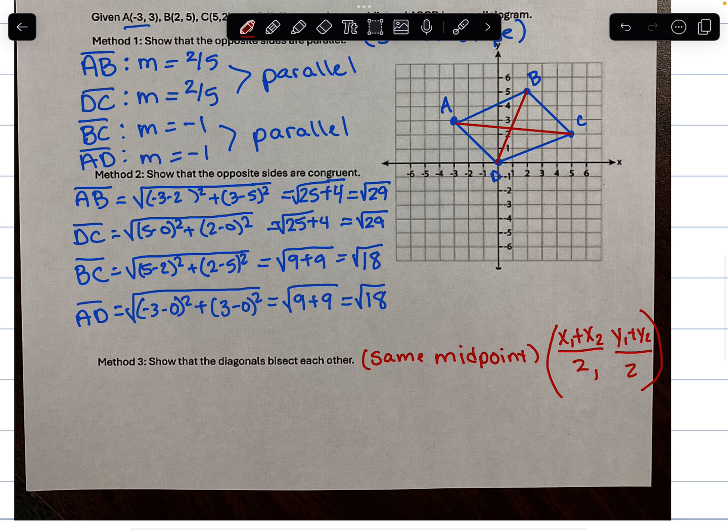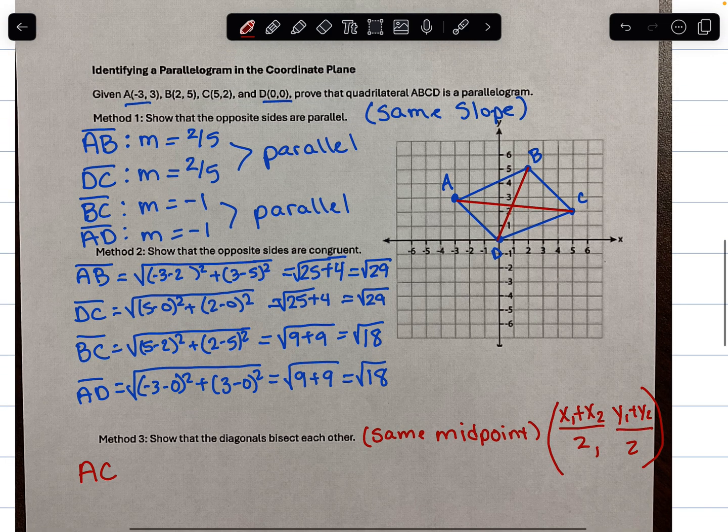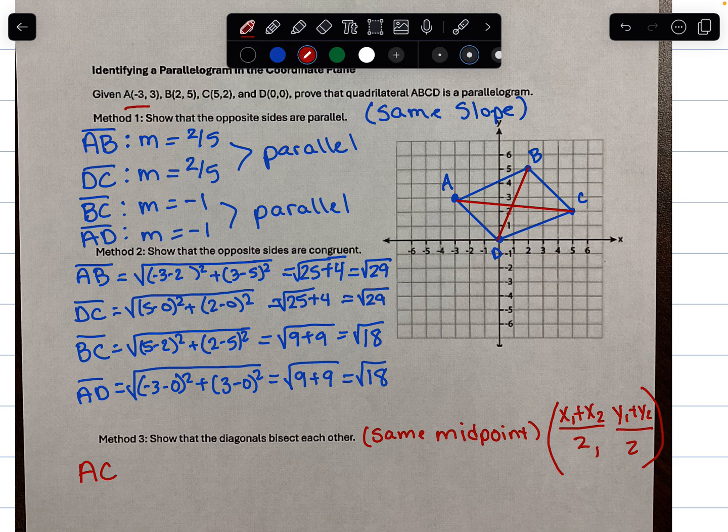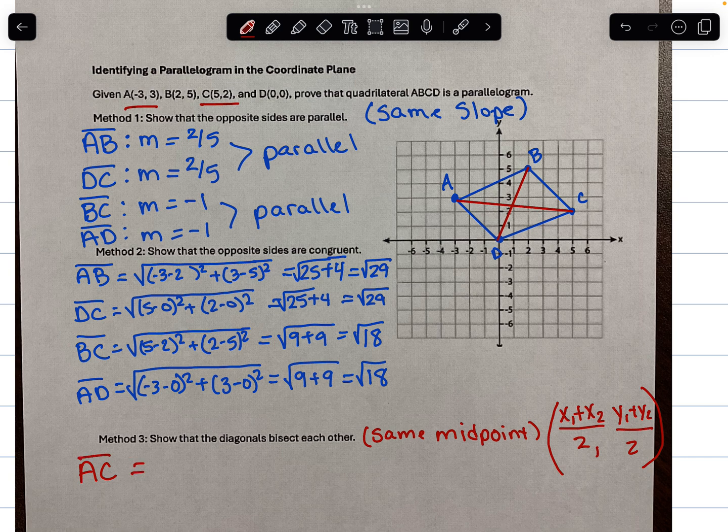Okay, so here's what you have to think about on this. My first diagonal is what line segment? AC. Okay, now again, I'm going back up here because it's easier. They're already written up here, so I'm going to go back up and underline A and C. Okay, so what x values am I adding together for AC? 5 and -3. So -3 plus 5, and then I'm going to take half.